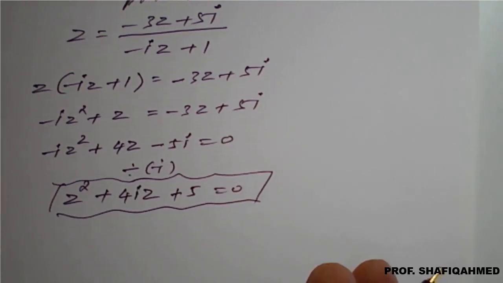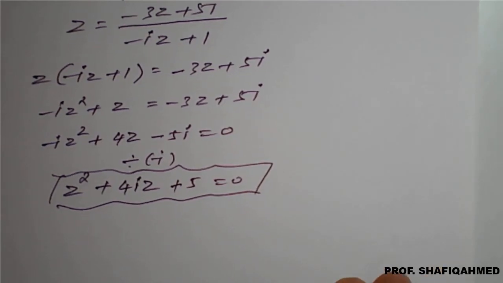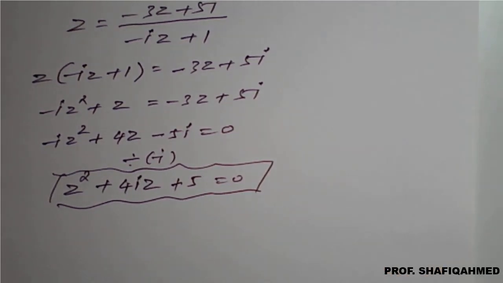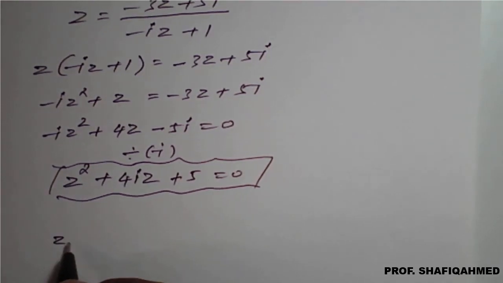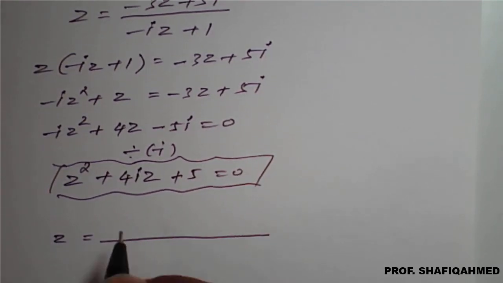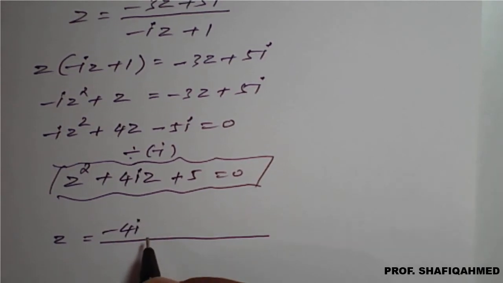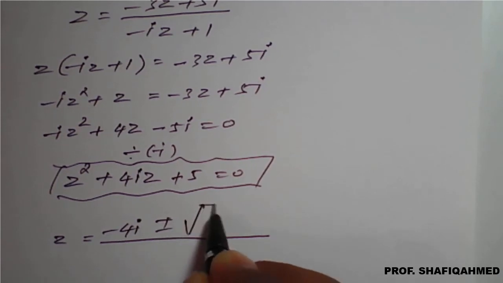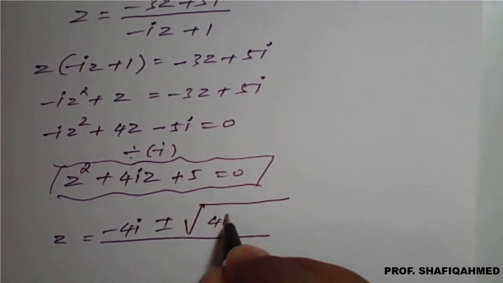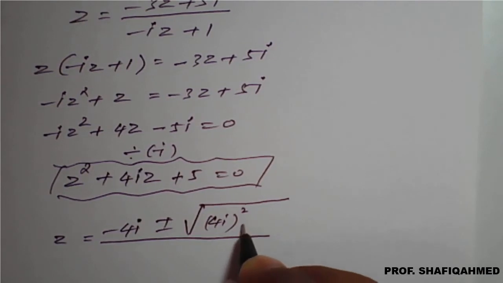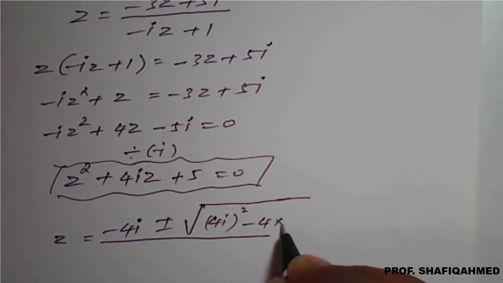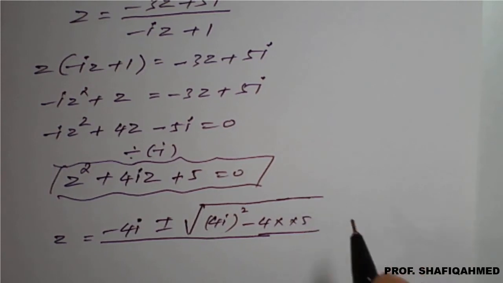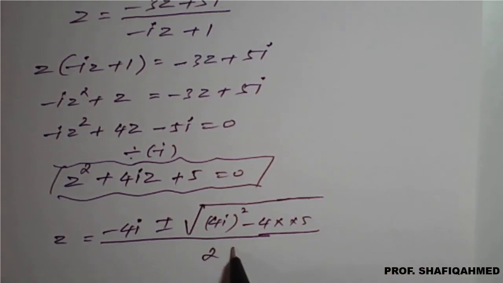On solving this quadratic equation, we use the formula method. So z is equal to minus 4i, because the b value is 4i, plus or minus square root of b square, that is (4i) whole square, minus 4ac, 4 into 1 into 5, divided by 2a, 2 into 1.